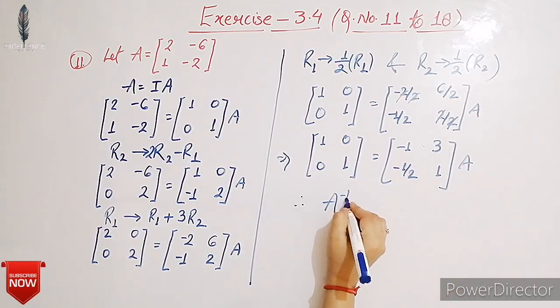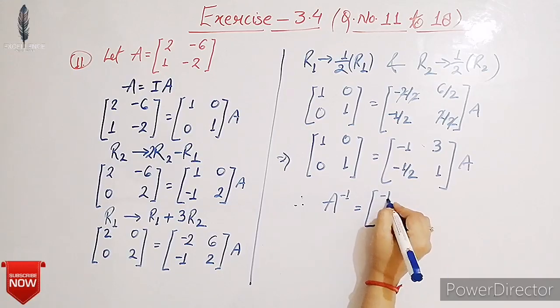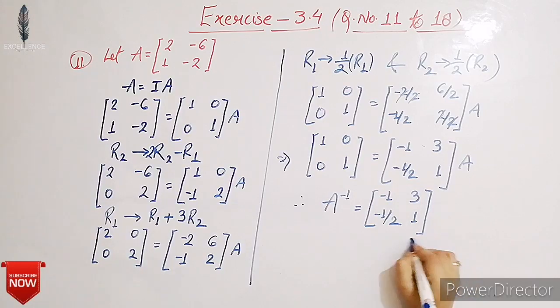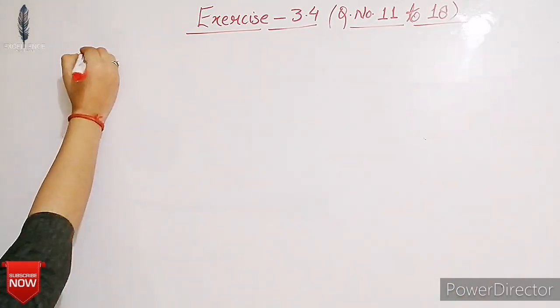So we can write A inverse equals minus 1 3 minus 1 by 2 1. Clear? Let's see the next question.